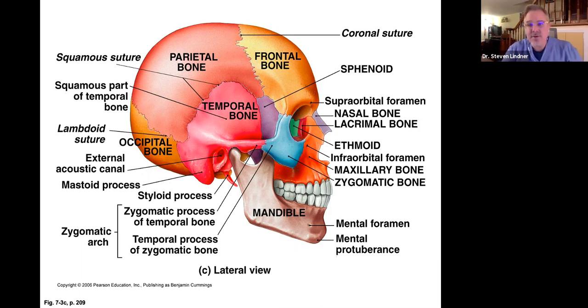So we will cover the greater wing and the lesser wing of the sphenoid from a different view, but you can see the sides of it here. That's called the sphenoid bone.